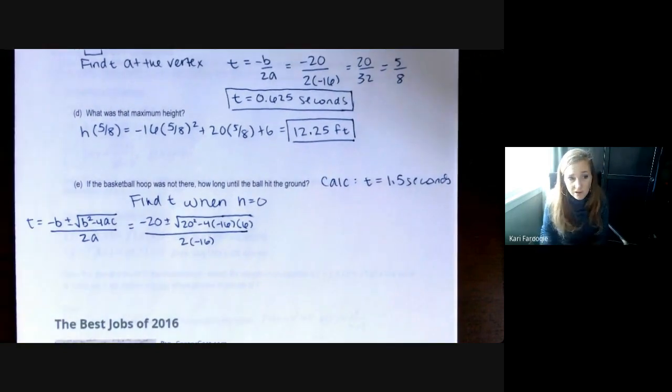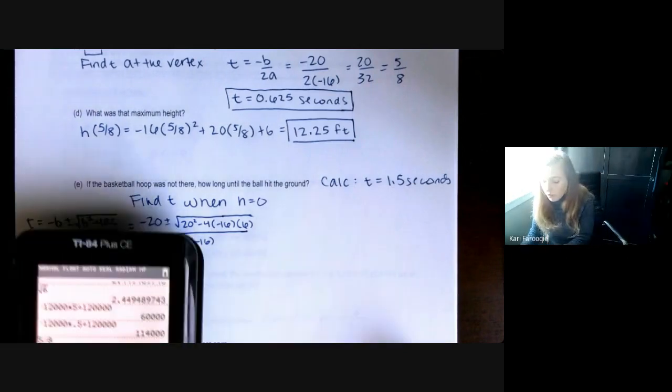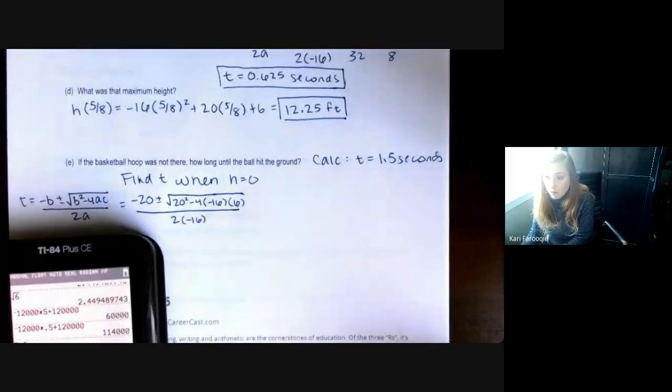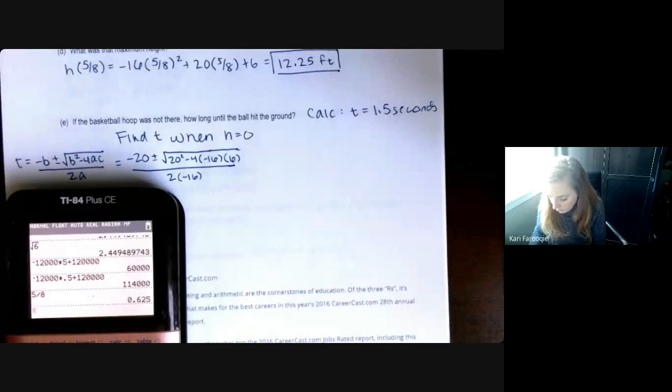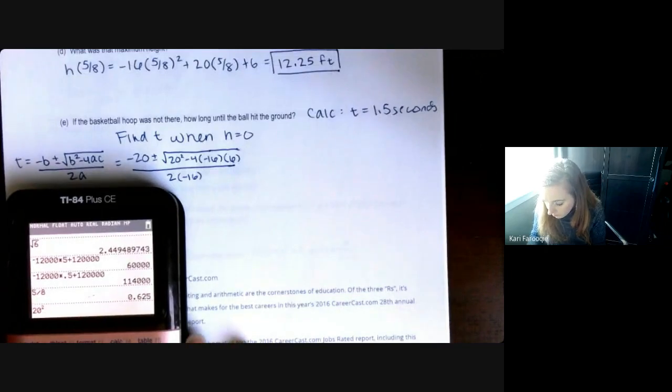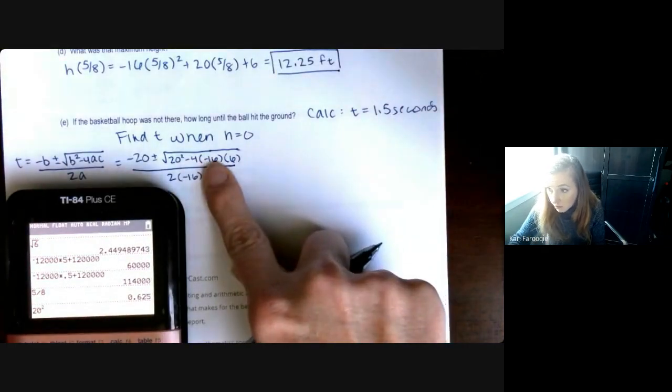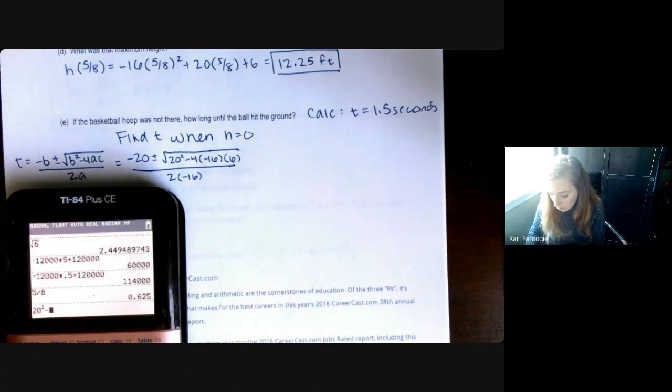They know how to do this, but simplifying it somehow gets really messed up. Okay, so I'm going to work under the radical first. So I have 20 squared minus a negative is plus, but you can always just enter it this way. Minus -16 times 6. Oh, I forgot my 4. Yikes. Insert my 4. 20 squared minus 4 times -16 times 6.